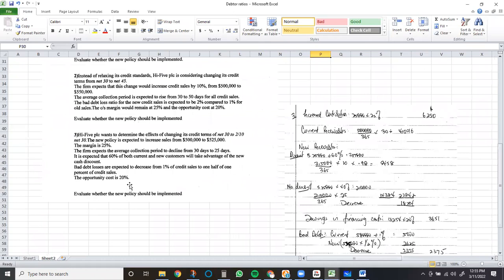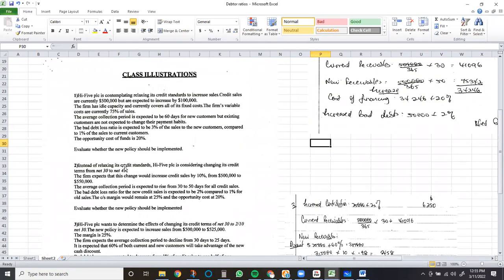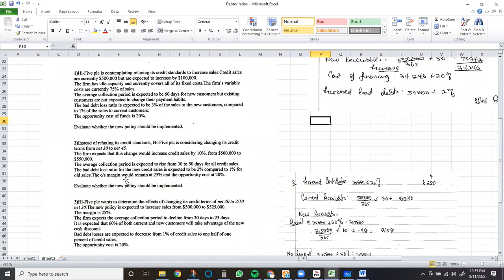Yeah, these illustrations. See, these three illustrations actually bring out the use of the policies. In addition to further explaining the debtors policies, it gives me the opportunity to show you how to use the ratios as well.